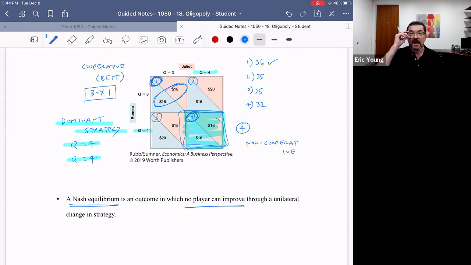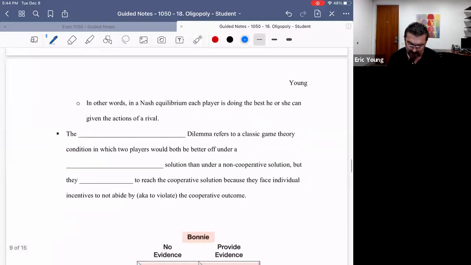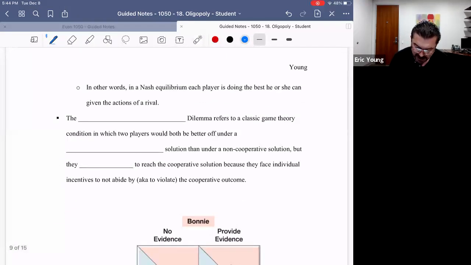So in this case, even though Romeo and Juliet would both be better off making 3 and maximizing profits there at box 1, they're likely going to find themselves in a Nash equilibrium in box 4. In other words, a Nash equilibrium can be seen when each player is doing the best that he or she can do given the actions and the perceived reactions of a rival.